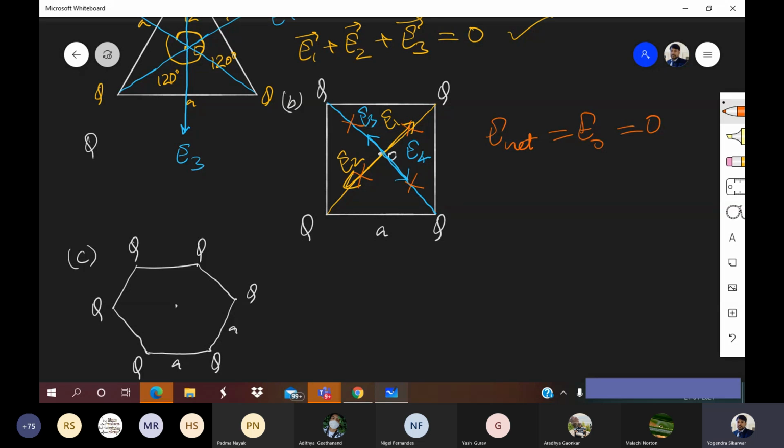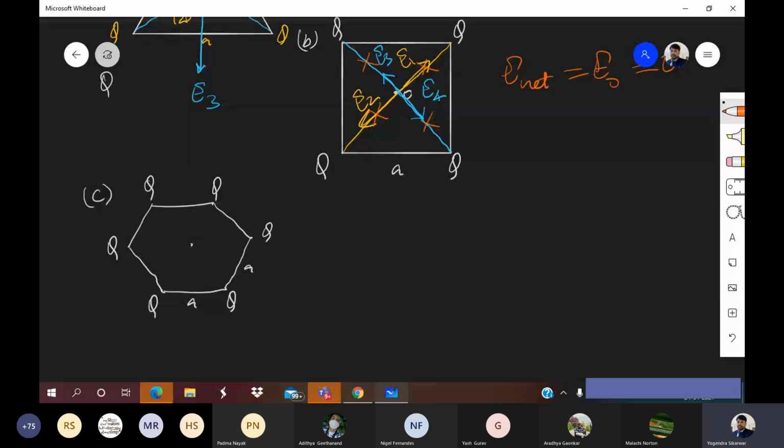Similarly, E3 and E4 are 0. I have said that it is for forces. Same is applicable for any vectors. If two vectors are equal and opposite, then their resultant will be 0. So E1 is cancelling E2, E3 is cancelling E4, so E net comes out to be 0. Understood?